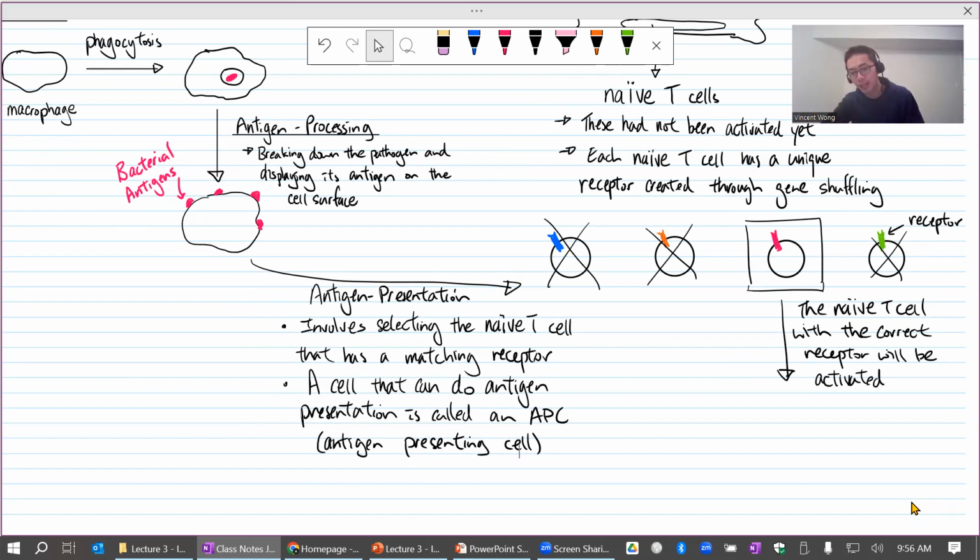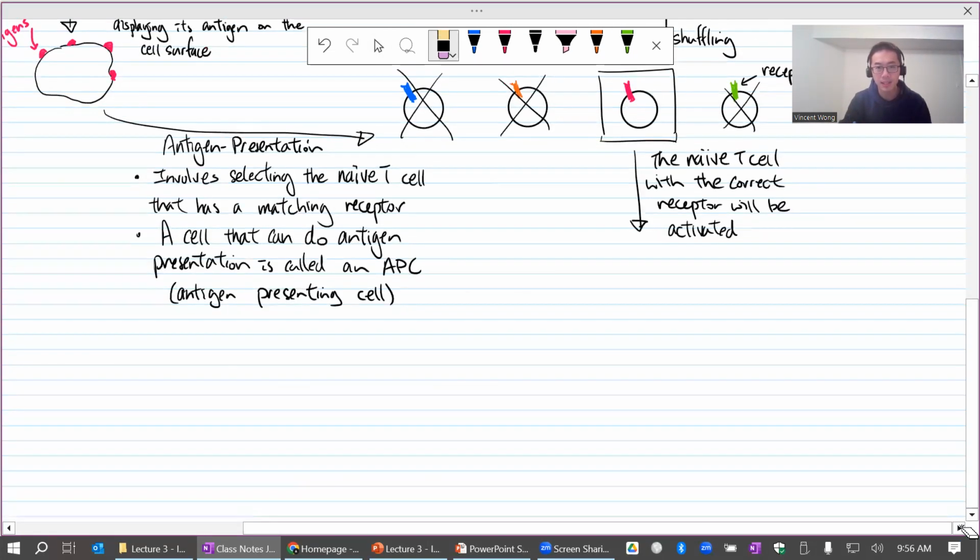All right. So the story is that we selected the naive T cell with the right receptor. What's going to happen next is what we call clonal expansion.